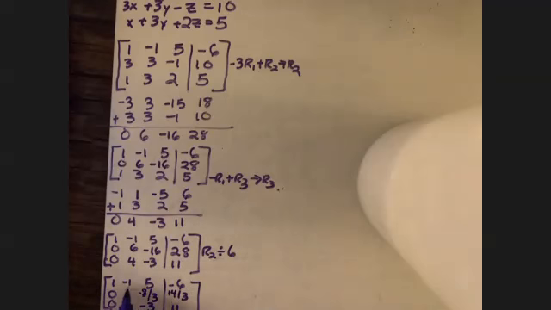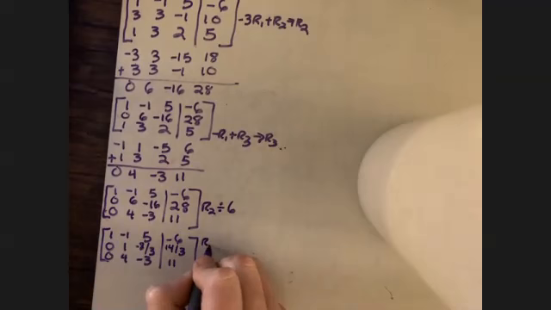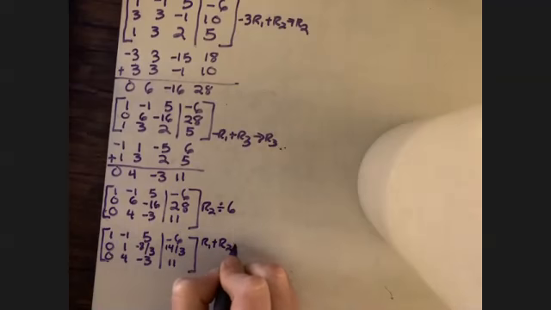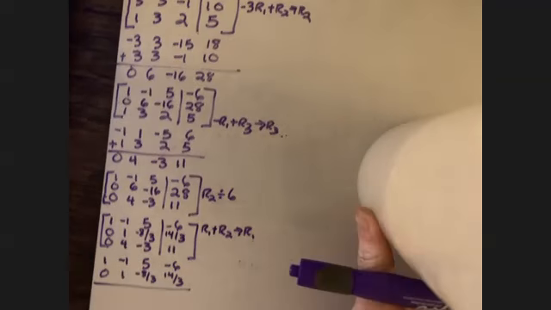Now then, I'm going to go ahead and make the 0 happen above here. Okay. Because that's pretty straightforward. It's just going to be add. So I'm going to do row 1 plus row 2 replaces row 1. So it's going to be 1, -1, 5, -6, 0, 1, -8 thirds, 14 thirds. Okay.